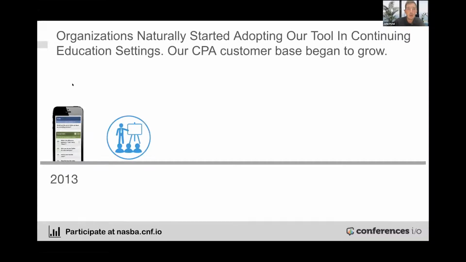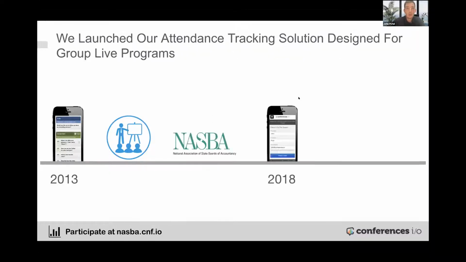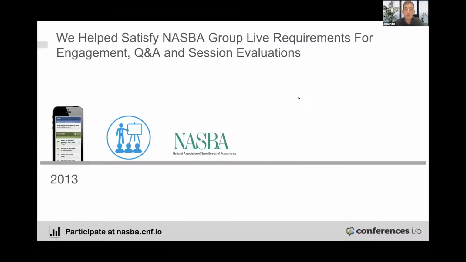Along the way, we naturally started getting adopted in a lot of continuing education settings across multiple industries, because it's a great tool for learning, but particularly within the accounting space. So we started learning about NASBA and how the tool was able to help with some of the group live standards, like the element of engagement, Q&A, and session evaluations.